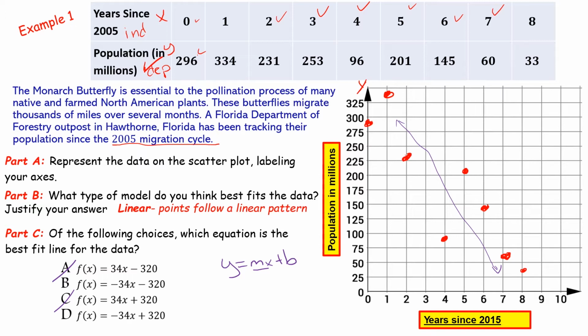So it would be between B and D. And if you look at your y-intercept here, the y-intercept is 0, 296. So that is positive. We know we don't have a 296 here, but it says the best fit. And so since it's positive, I'm going to go with this positive 320 because we have a negative slope. And so the best fit would be D.